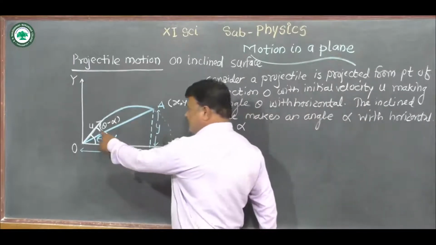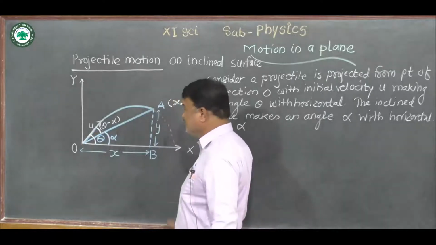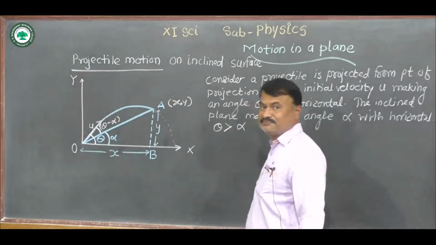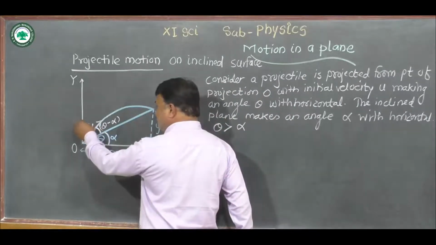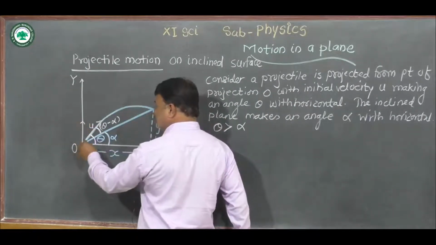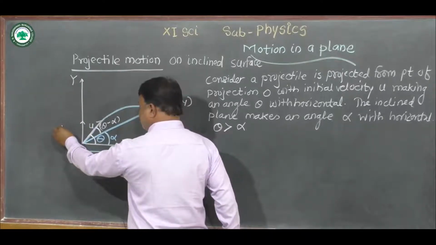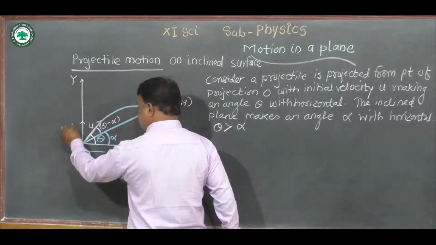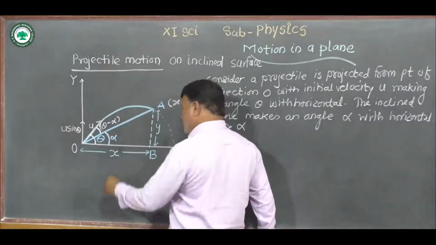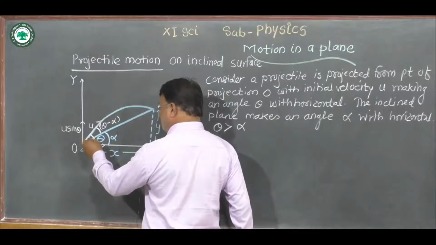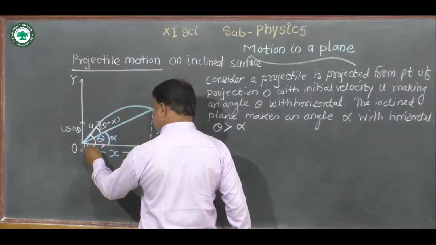So this angle made by initial velocity of a projectile with the inclined surface is theta minus alpha. Now this initial velocity can be resolved into components. Vertical component of initial velocity is u sin theta and horizontal component of initial velocity along x-axis is u cos theta.